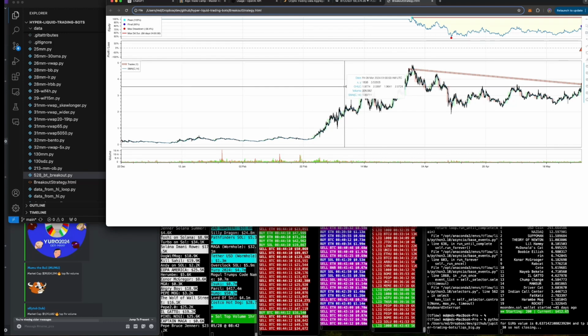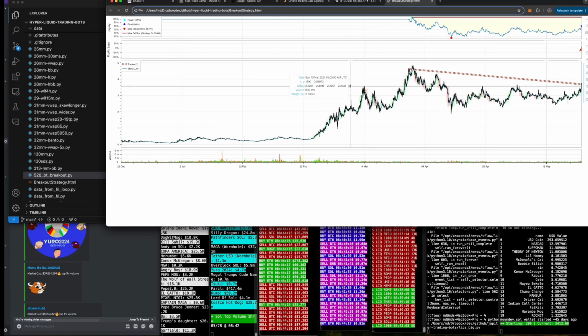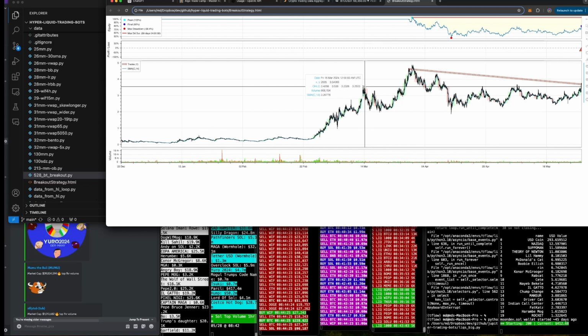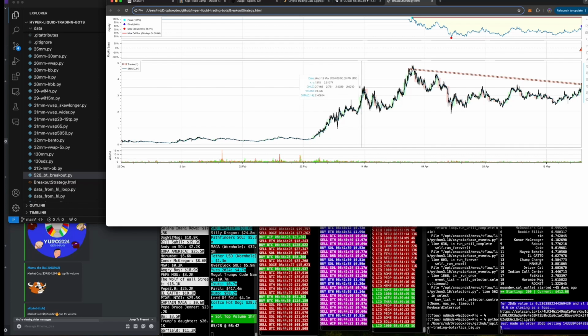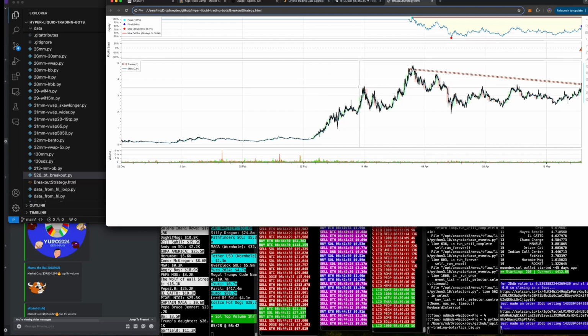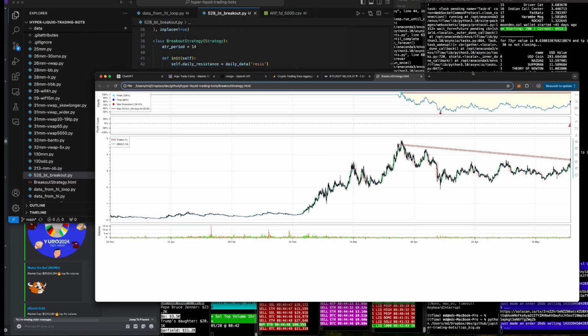I feel like it should have entered around here, because this is the daily. Not necessarily the daily, it could be the hourly. Yeah, it's the hourly.